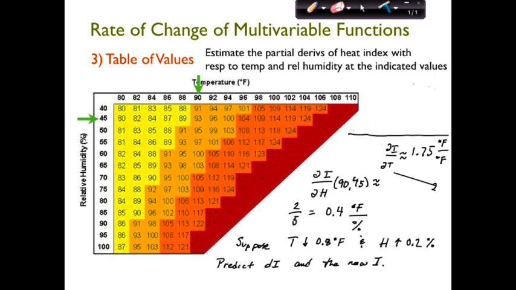Say that the change in I, the change in index, equals what? We said dy equals m dx, so it would be 1.75 times negative 0.8. And that would be the change in index due to this change in temperature. And what about the change in index due to the change in humidity?